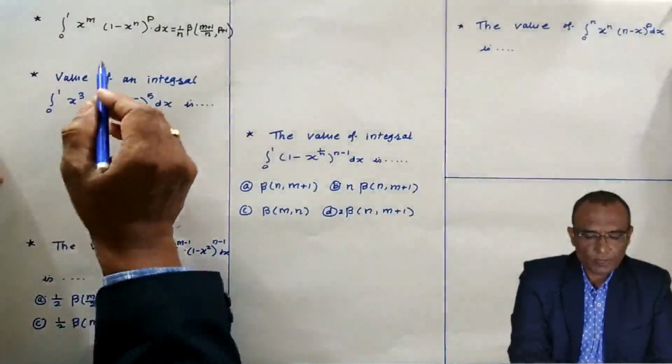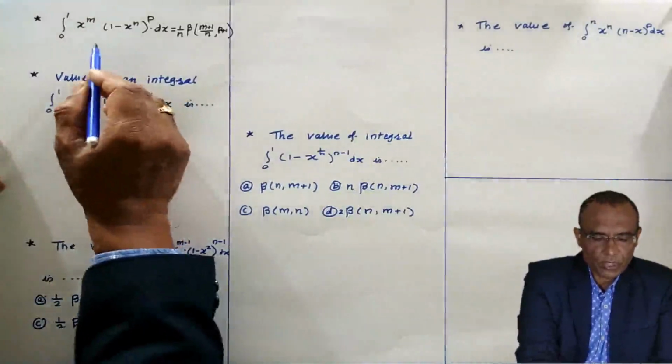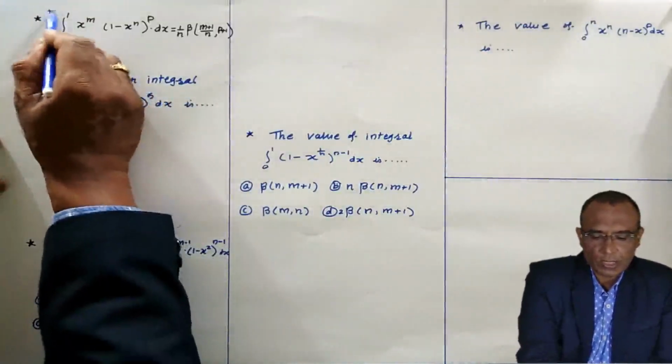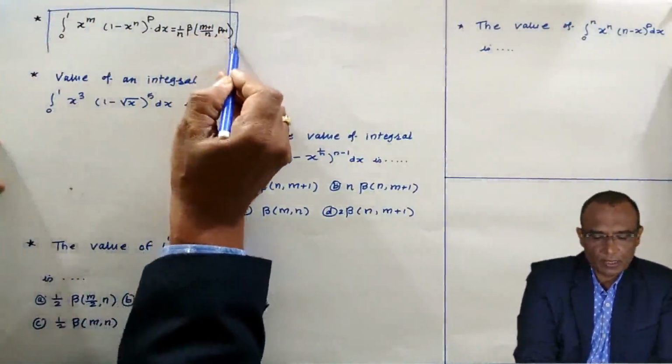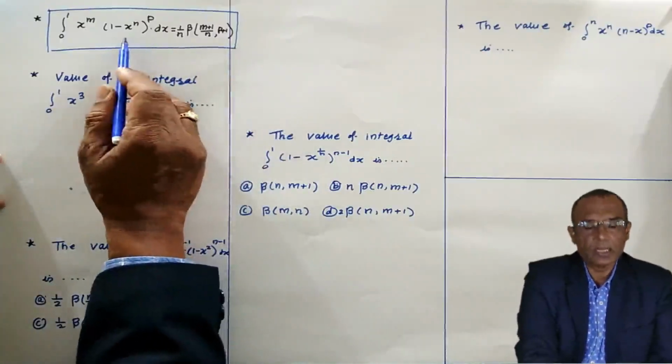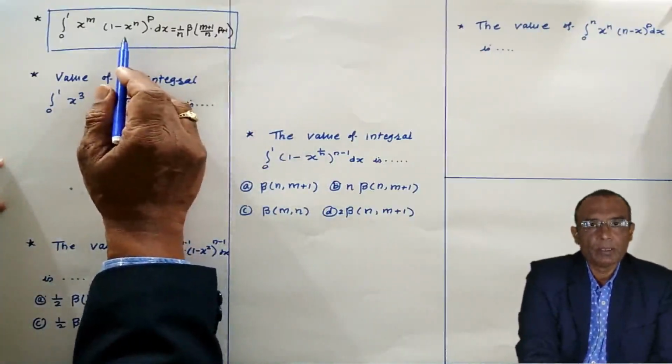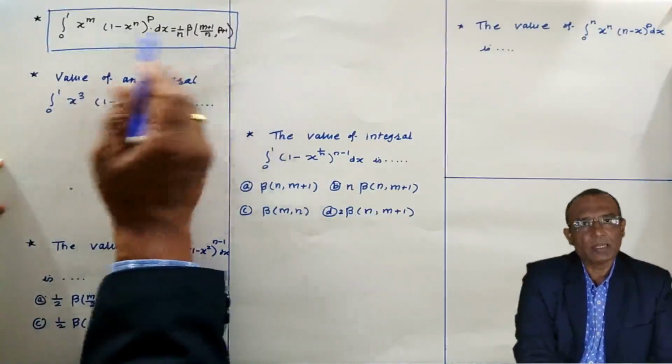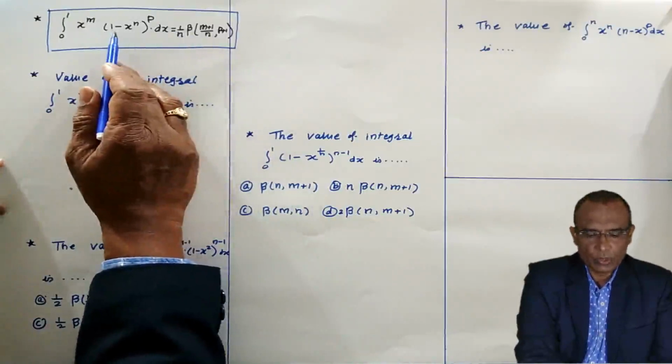The problem is solved. Now see, this is again the extension of, or you can say this is the result we obtained from the beta function. And left hand side equal to right hand side you can easily prove.